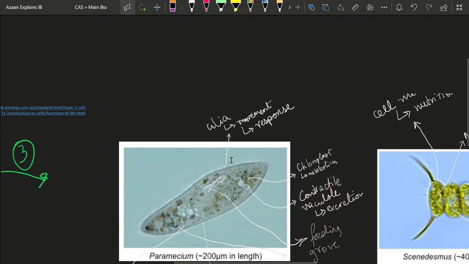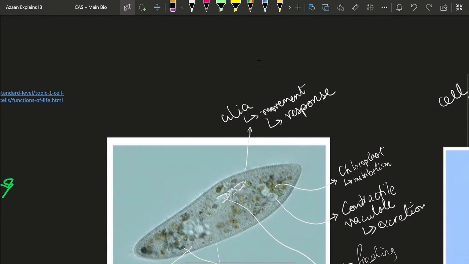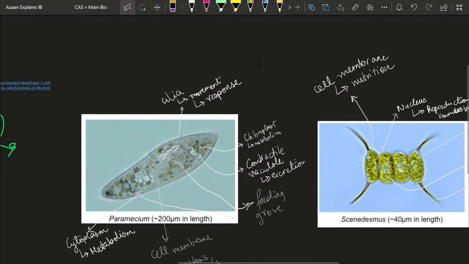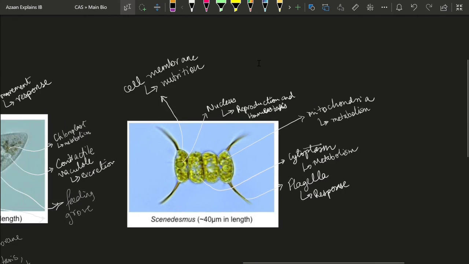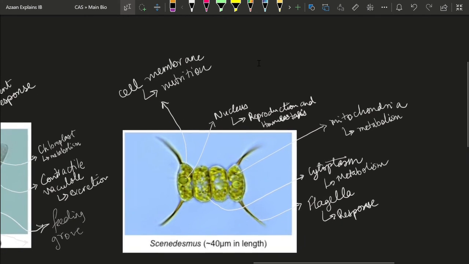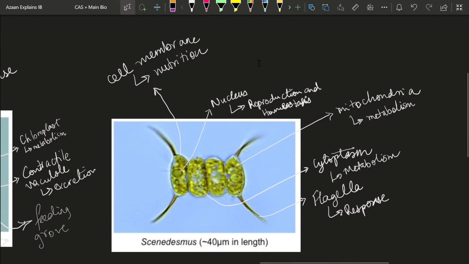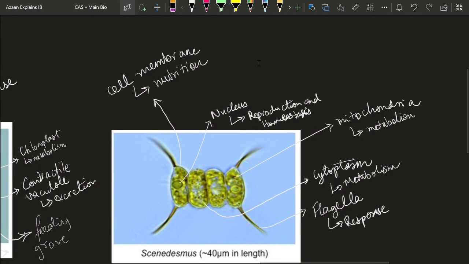And finally, cilia refers to movement, and therefore movement can be attributed to response, because often organisms will use this movement to move to safer, better, more preferred environments.